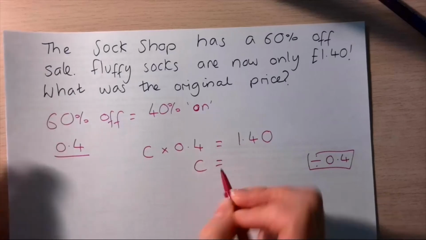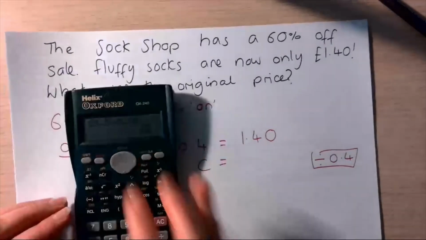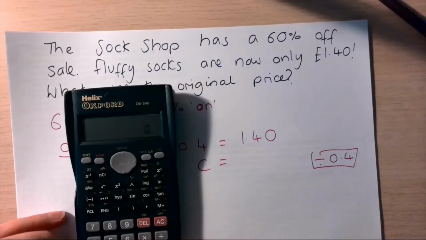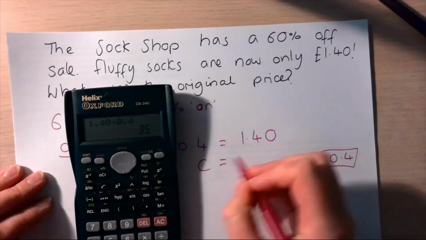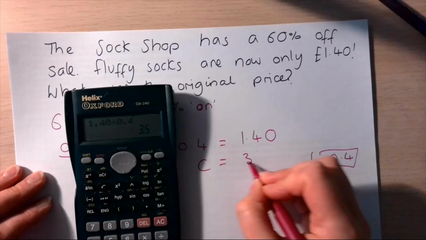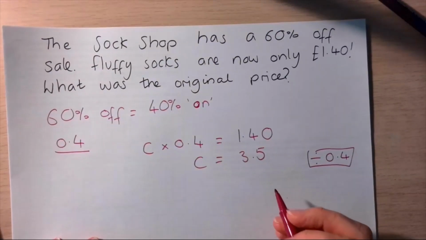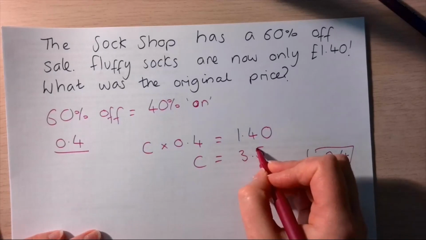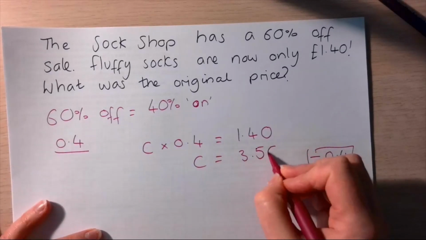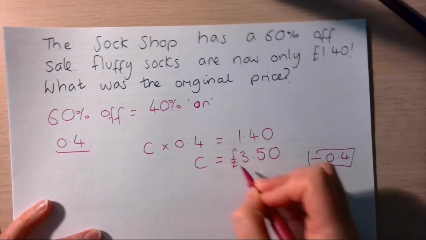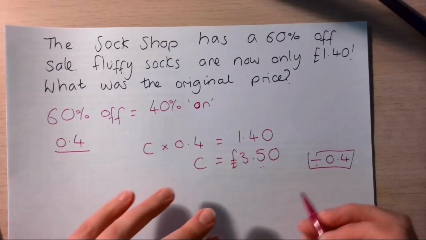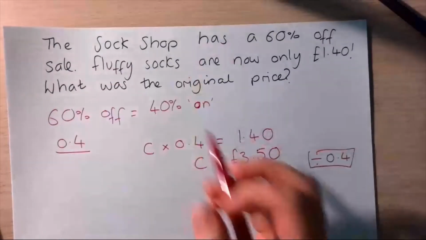So C equals, let's put the calculator back in, £1.40 divided by 0.4 is £3 or 3.5. And let's just remind ourselves, because we are working with money, money doesn't come in 3.5s, we just need to make sure that looks like money. Money is always to 2 decimal places, so we have 3.50. Just be careful, make sure you're putting your answer into the context of the question.